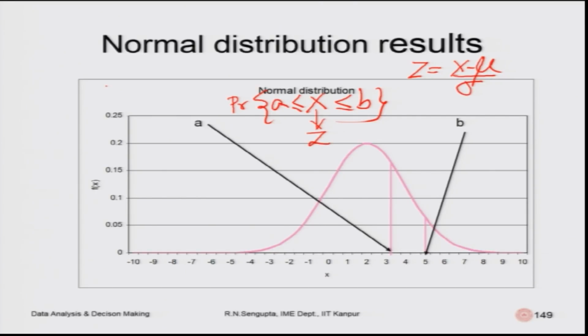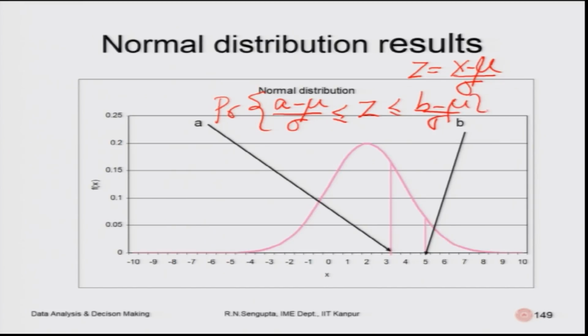Correspondingly, the a value also gets converted, and the b value also gets converted. I am going to erase this, considering there is no space, and write it accordingly. So, the probability now becomes a minus mu by sigma less than or equal to z, less than or equal to b minus mu by sigma.